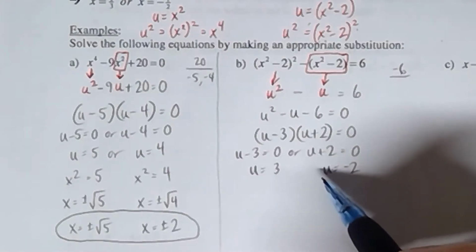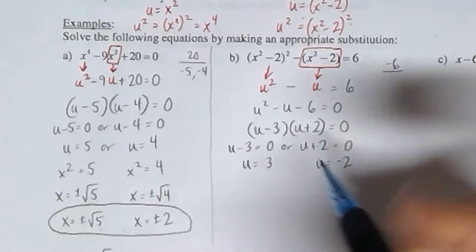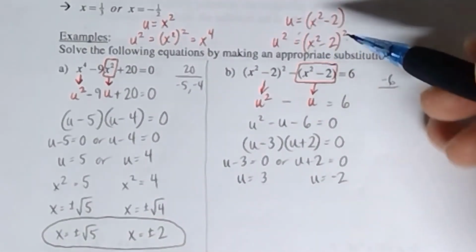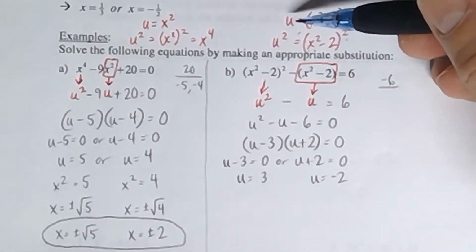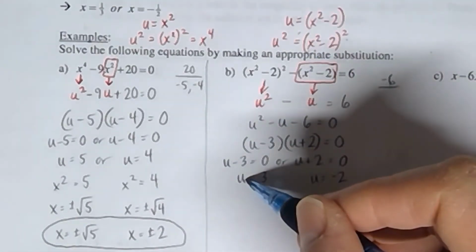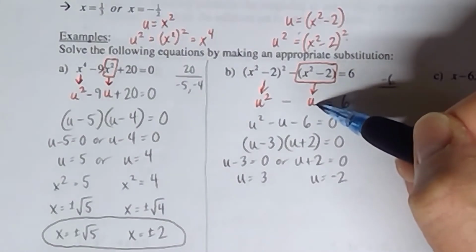Yes, we do it on the first part of the problem, but that's just the beginning. What did we do in the last problem after I solved for u? I went back and I looked at what u was equal to, and I replaced the u with that. Just going backwards now. Originally, the bracket got replaced with u.